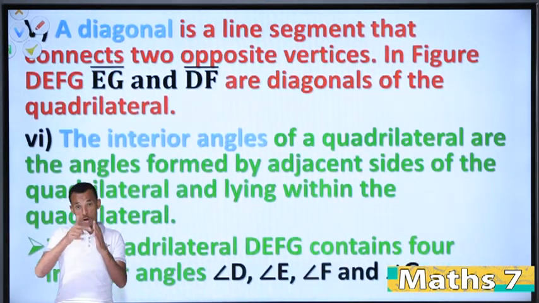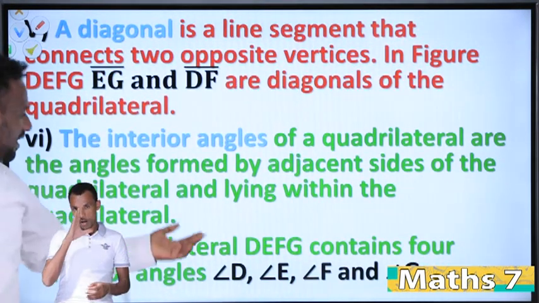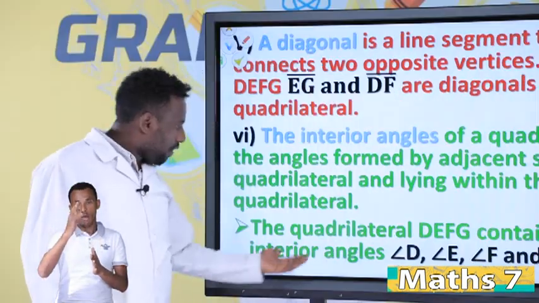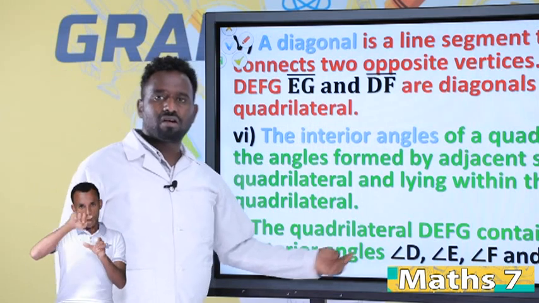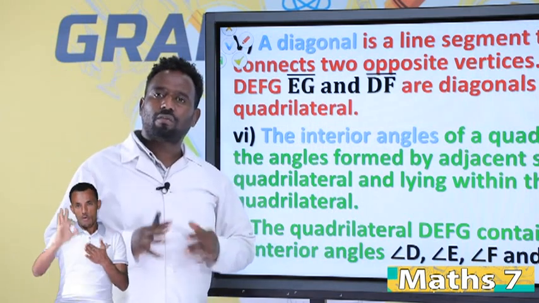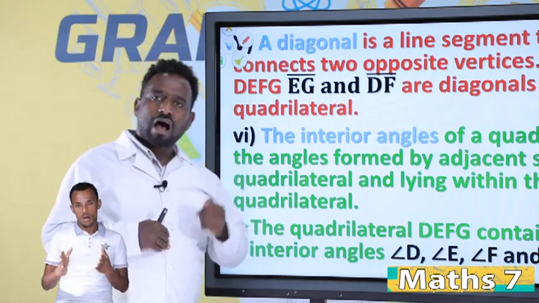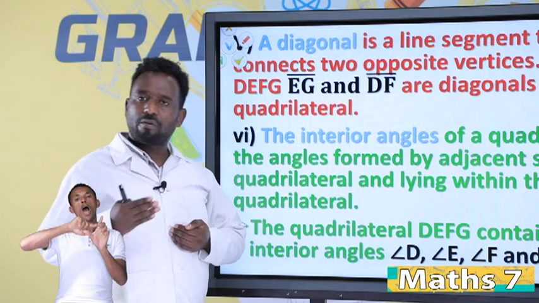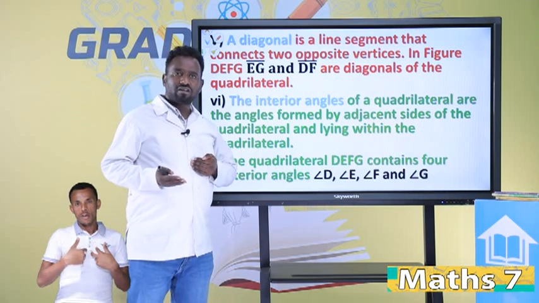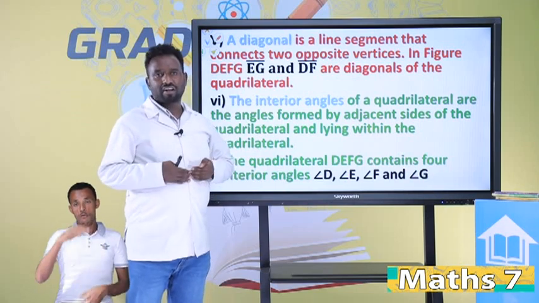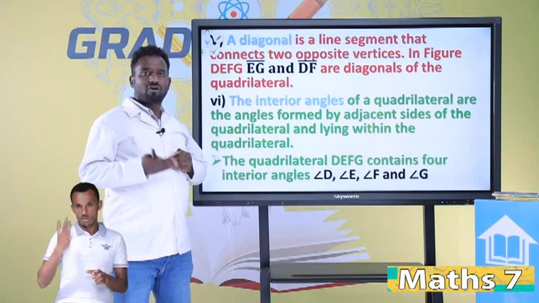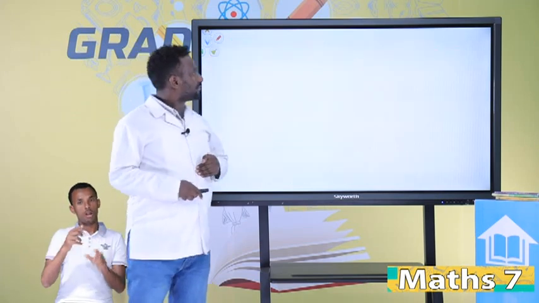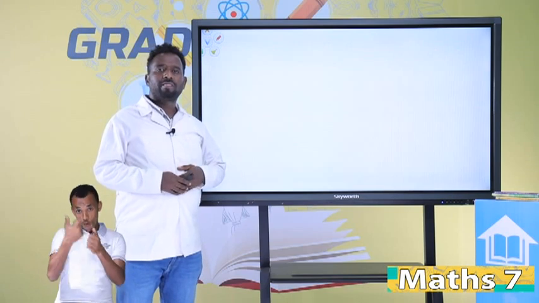Good. The number of interior angles depends on the number of sides of the polygon. If the polygon has 5 sides, it has 5 interior angles. A 3-sided polygon, or triangle, has 3 interior angles. Good. Are you following me?